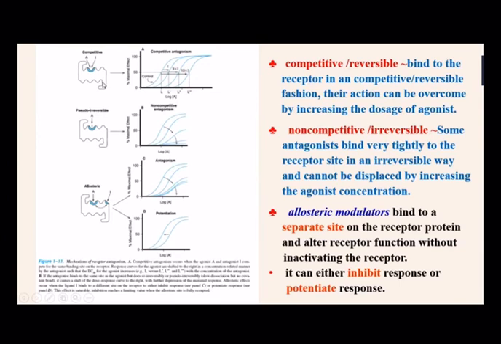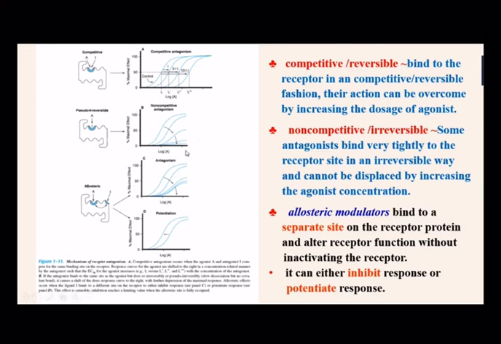Look at this graph. A is a competitive antagonist. It binds to a receptor in a competitive or reversible fashion. Its action could be overcome by increasing the dosage of agonist. B is a non-competitive antagonist. It binds to the receptor very tightly and in an irreversible way.